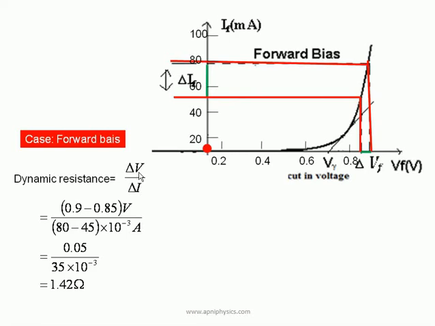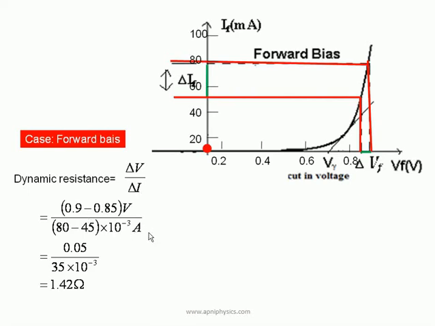And because of that, the dynamic resistance I have considered here is delta V upon delta I. Delta V means the potential difference between the 2 points, so V2 minus V1. I have considered this one as V2 and this one as V1. Similarly, this is I2 and this one is I1. So delta V is equal to V2 minus V1 and delta I is equal to I2 minus I1.